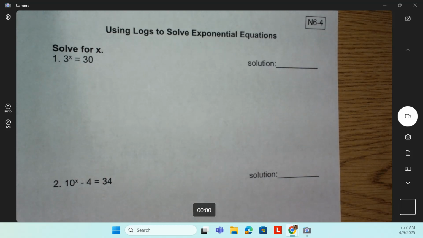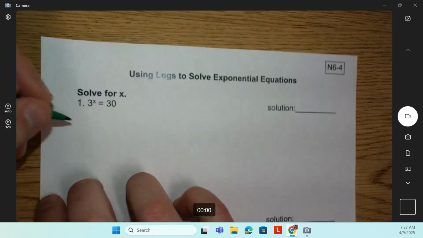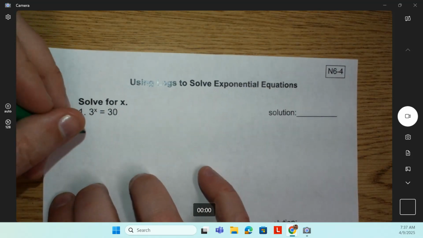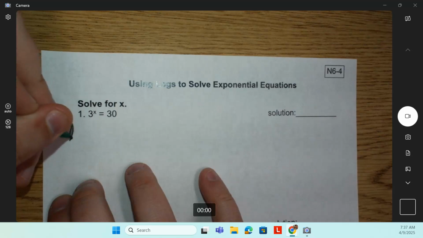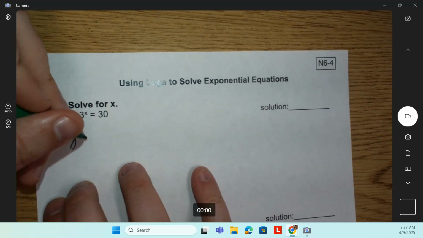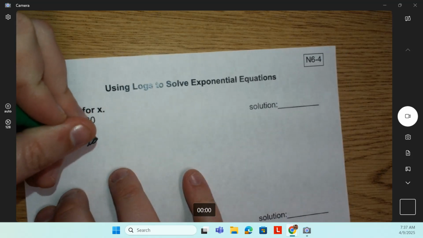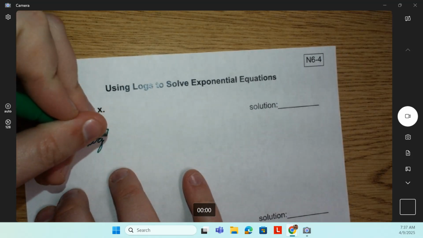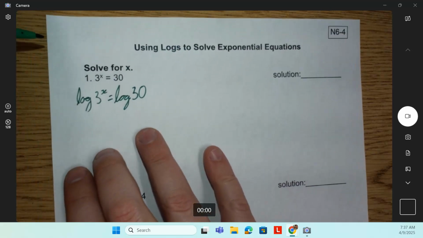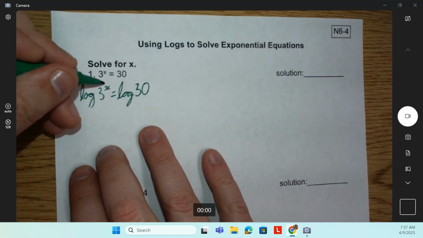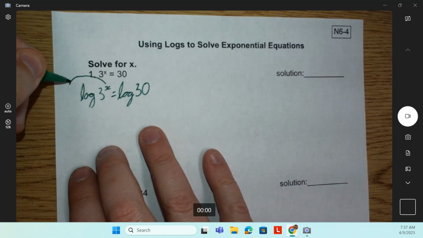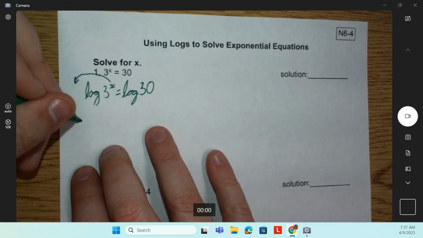All that I do for that is add a log to both the front and back. So log of 3 to the x power equals log of 30. I will separate this a little bit by bringing the x up front.